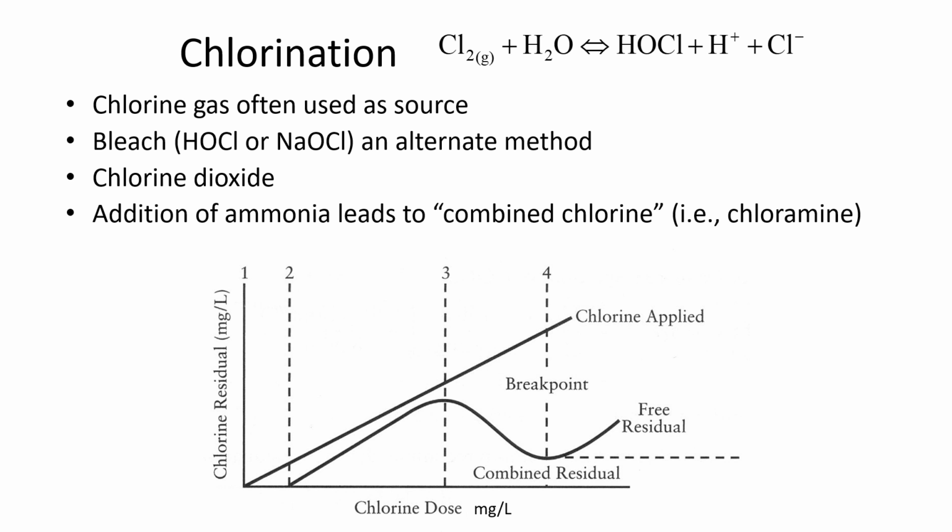Whereas if you're using a liquid chlorine source like hypochlorous acid or sodium hypochlorite, those are safer. If you have a spill of a liquid, that's not quite as dangerous as a chlorine cylinder rupturing. That would be considered a panic moment if one of those chlorine tanks tips over and suddenly is discharging gas into the atmosphere. So bleach is safer, but you have to use more of it.